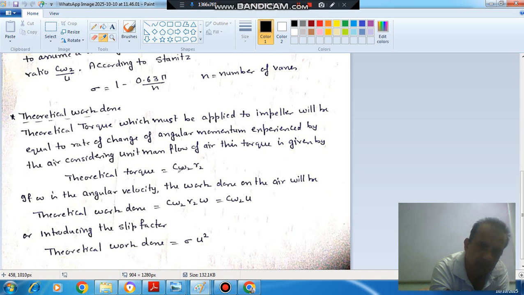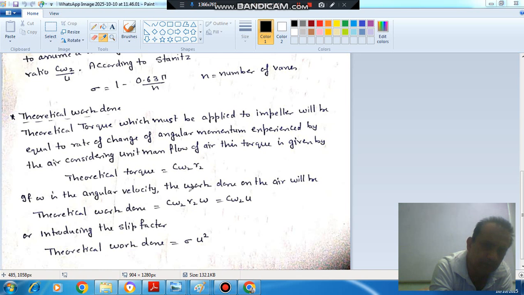If we multiply it by mass per second, then it will be your torque, and if we divide it by mass per second, then it will be torque per unit mass flow rate of air. So that is the torque, Cw2 into R2.